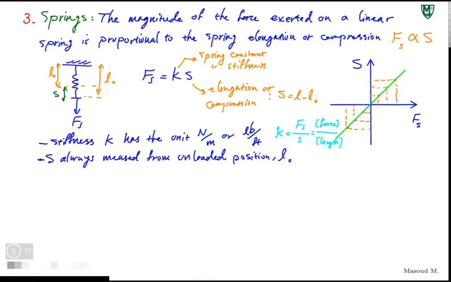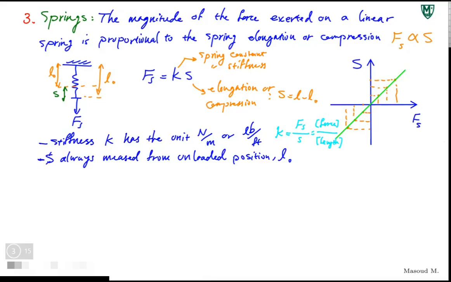Whatever the initial length is, L naught, and whatever the final length is, subtract them, that gives you S. Very tricky, you might get lost there. S is not the length of the spring at any given moment. S is the difference between the length of the spring at any given moment minus the length of the spring at the beginning when it's not loaded. Remember that.